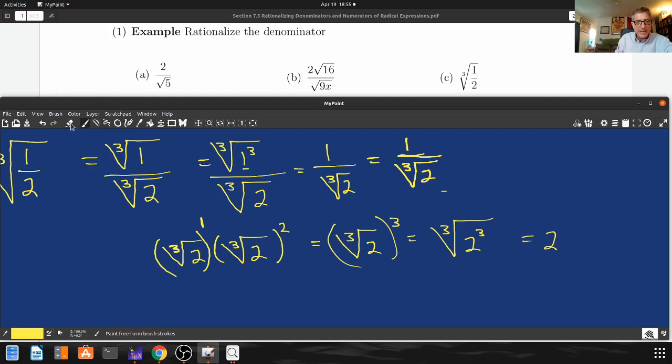So that is what I'm going to have to multiply as my way out. I'm going to have to multiply both the top and the bottom by the cube root of 2 squared.